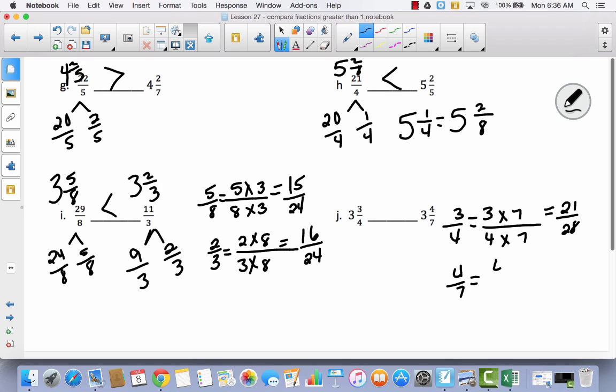So now I'm going to take my 4 and my 7 and I'm going to multiply these times 4 because these are fourths. And when I do that, I'm going to end up with a common denominator. So now I've got 21/28 and 16/28. So which one would be more? Well, 21 is greater than 16. So 3 and 3/4 would be greater than 3 and 4/7.